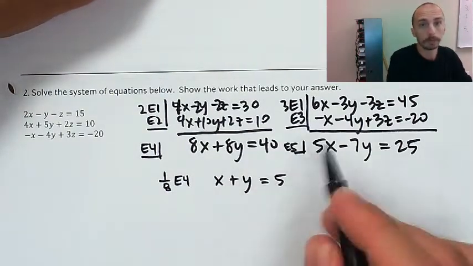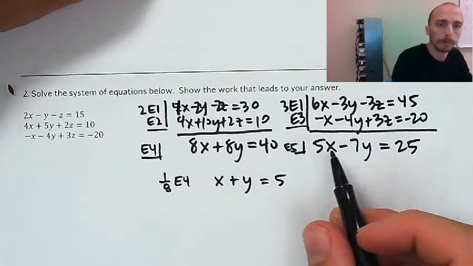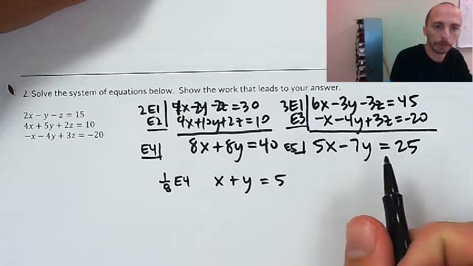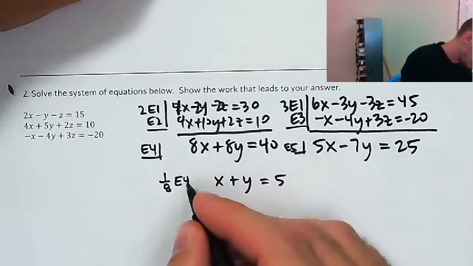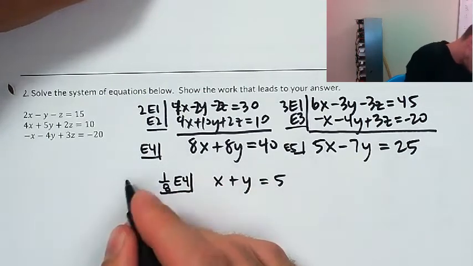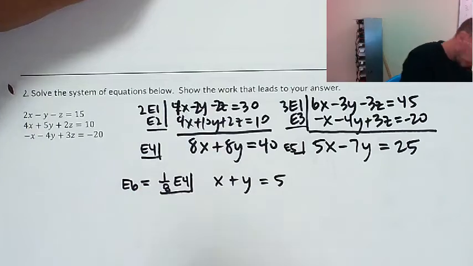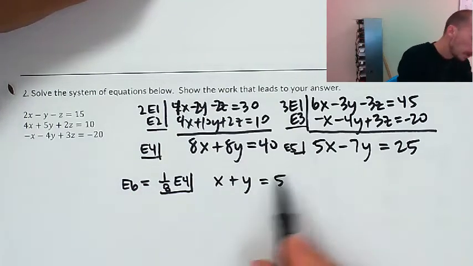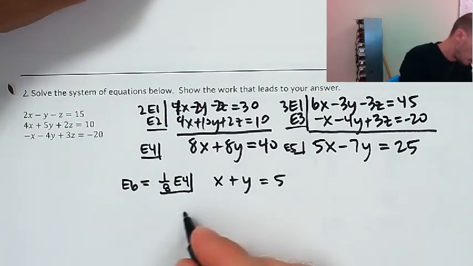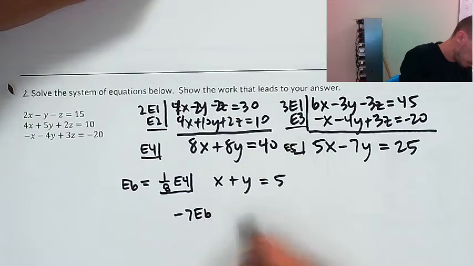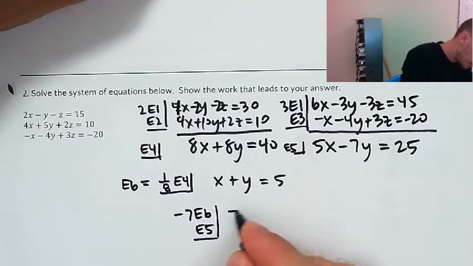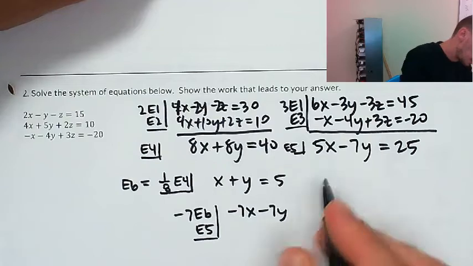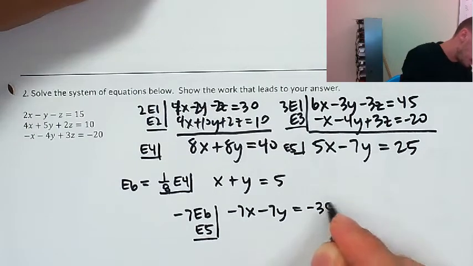And if you want to do substitution here, that's something you could definitely do. But I'm a big elimination guy, so I'm going to call this equation 6. And now, let's see, negative 7 of equation 6 would be negative 7x, negative 7y equaling negative 35.